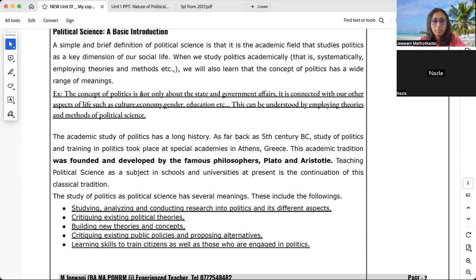Write down: study and analyzing and conducting research into politics and its different aspects.